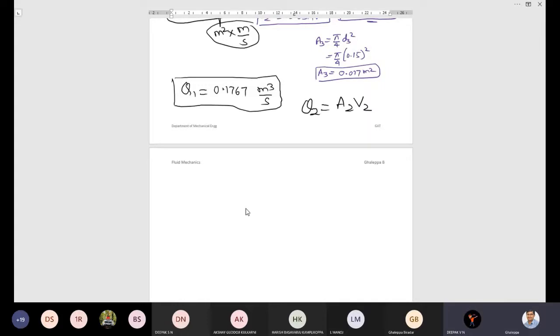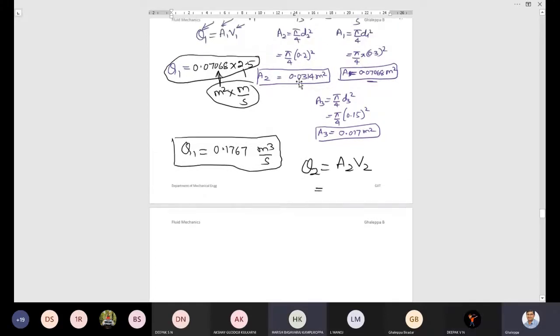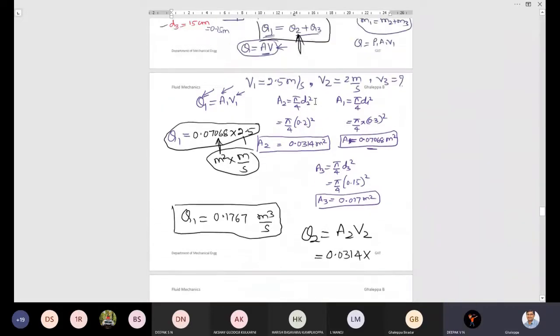A2 is not given, we have calculated 0.0314, into velocity in the second pipe. We wrote 2, just 2. So take 2 and calculate Q2. Q2 is equal to 0.0628 meter cube per second.